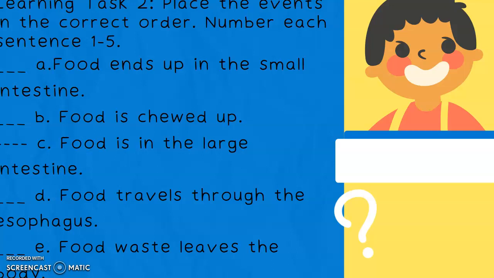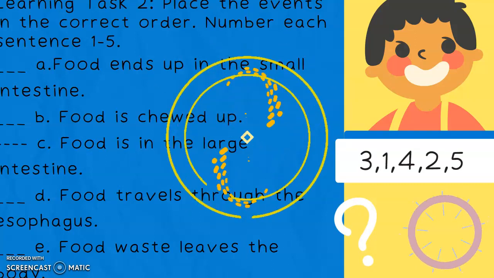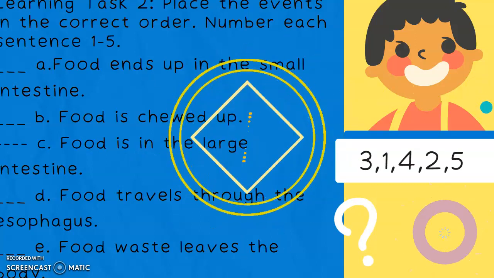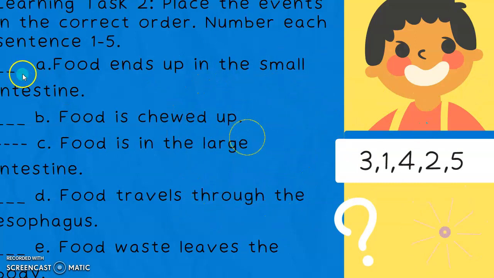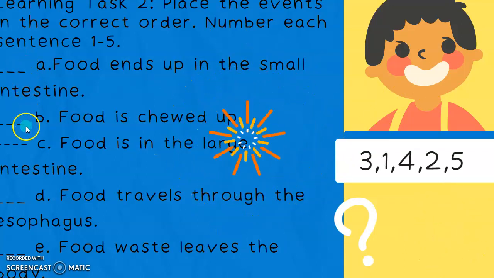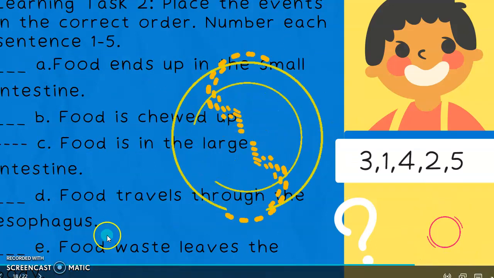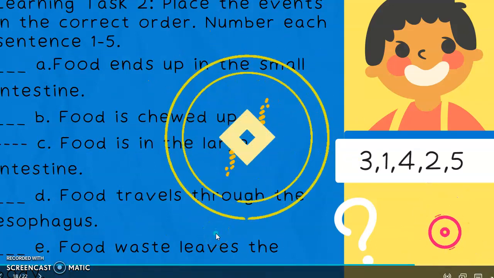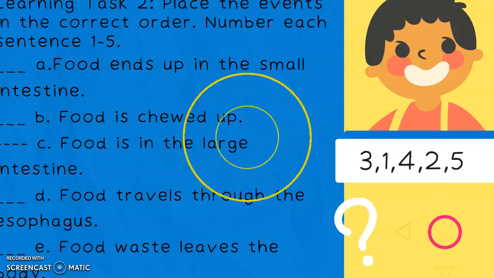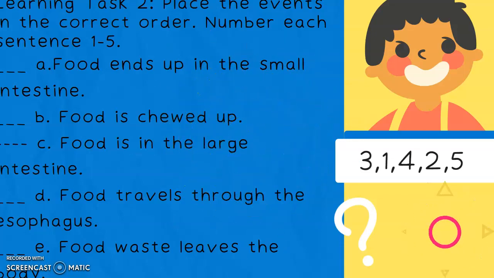Sagutan na natin. I-check ang inyong sagot. So, ang tamang pagkakasunod-sunod ay 3, 1, 4, 2, at 5. So, yan yung tamang sequence ng digestion sa ating katawan.